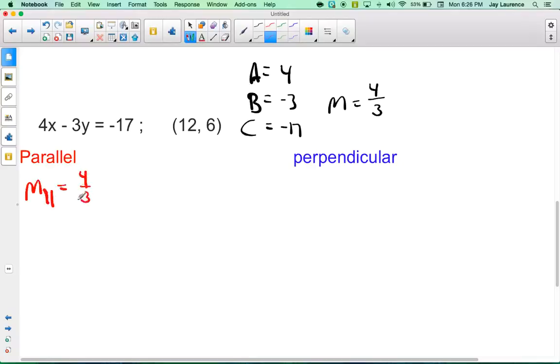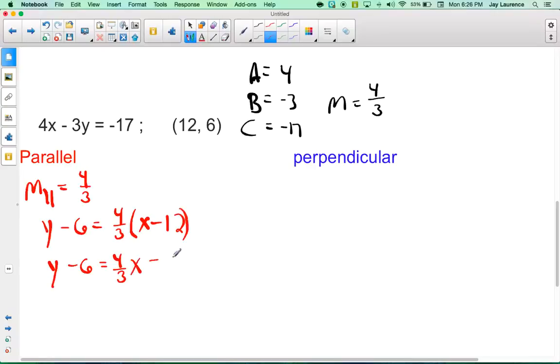Okay, I have a slope and a point. I'm going to write y minus 6 equals 4/3 times the quantity of x minus 12. All right, so again, I distribute. Notice I'm doing the same exact steps every time. As intelligent as you ladies and gentlemen are, if you practice, you will start to remember.